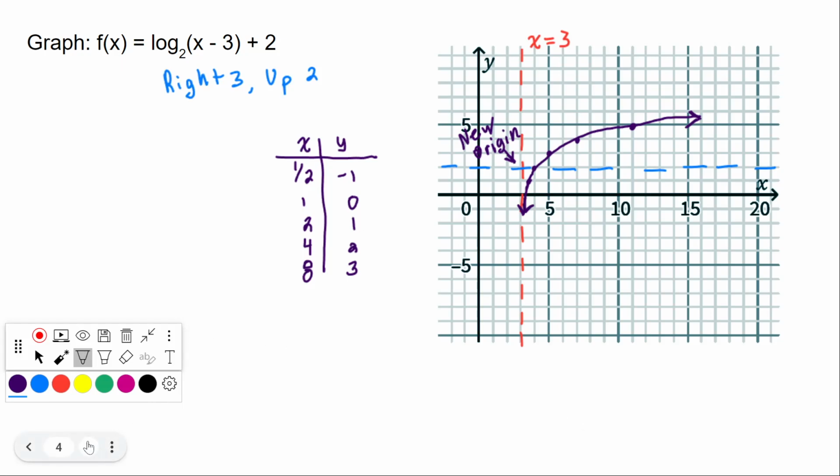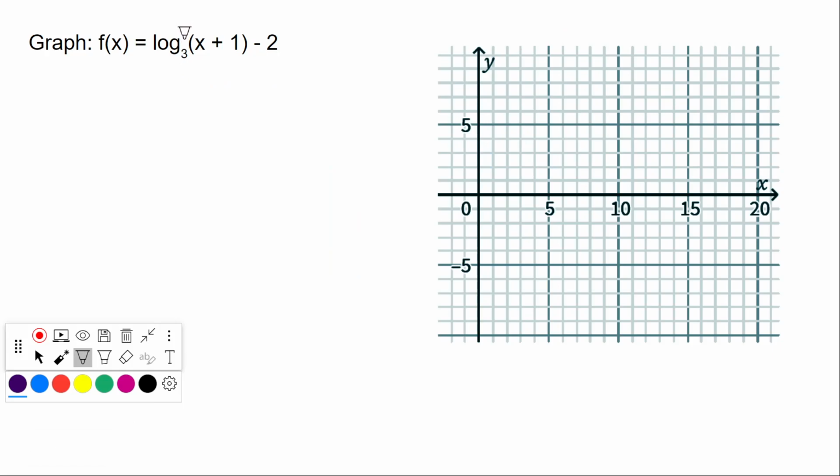So now, what happens if we change our base, like I have here? Well, I would still recommend doing an inverse XY table. Still use the values of -1, 0, 1, 2, and 3. And think of it as 3 to the -1 will be 1/3. 3 to the 0, so I'm using the base of the log, 3 to the 0 is 1. 3 to the 1 is 3. 3 to the 2 is 9. 3 to the 3 is 27.